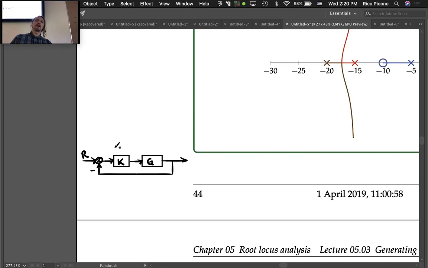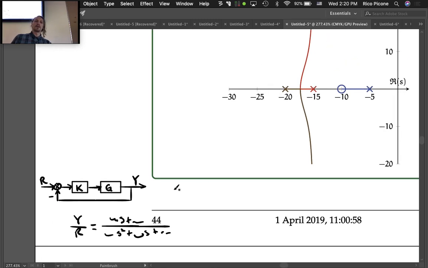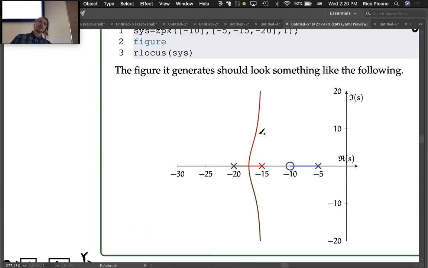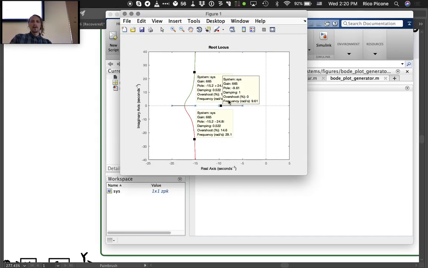So this is our block diagram. What we're saying is, if you have a gain of K, the closed loop transfer function from the command R to the output Y is going to be something with a polynomial in S up here, and something with a polynomial in S down here. If you find the pole locations in closed loop, they're going to be at these locations.